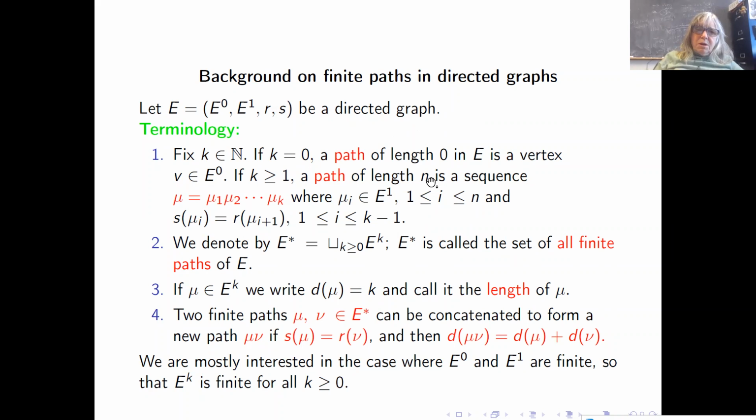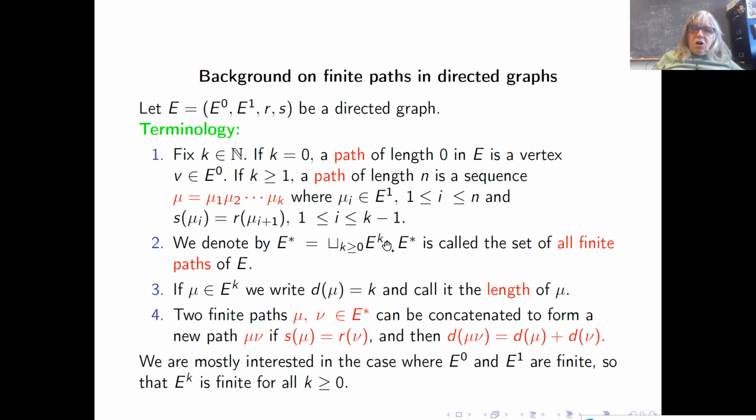Oh, this k should be n, sorry. Where the source of mu1 is equal to the range of mu2, the source of mu2 is equal to the range of mu3, etc., all the way up to here. The source of mu n minus 1 equals the range of mu n.